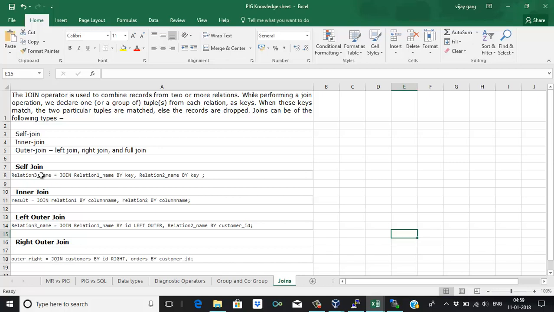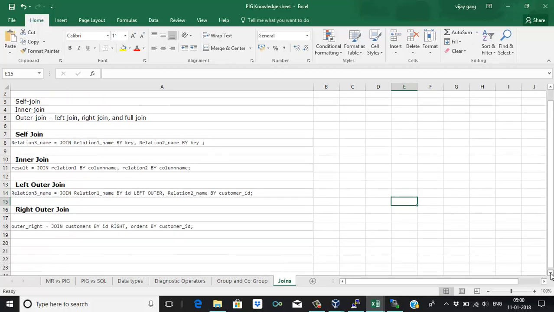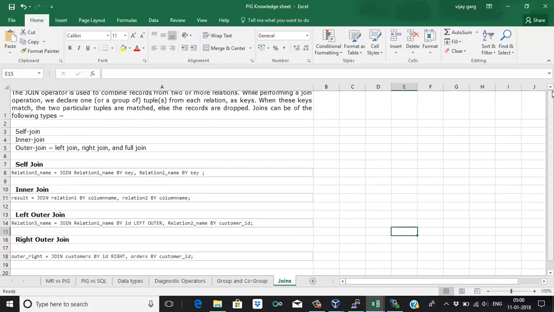So that is the left join, and right join is the same as left join, but vice versa. What does it mean? In right join, we'll get all the data from the right table and the corresponding matching data from the left table. But the data which does not match from the left table will come as a null in the output. Okay. So these are the joins we have in Pig.